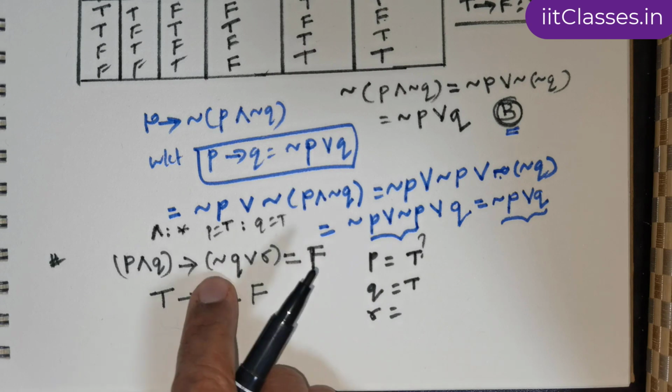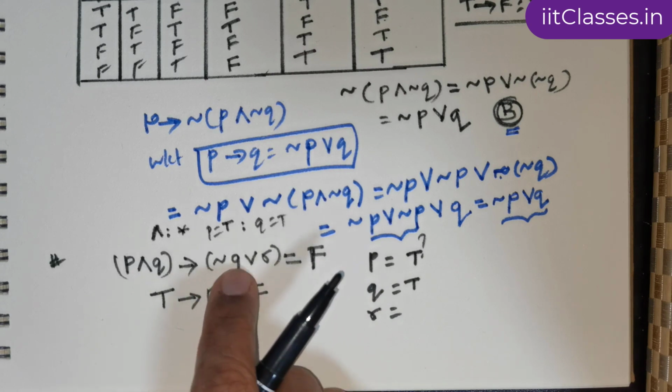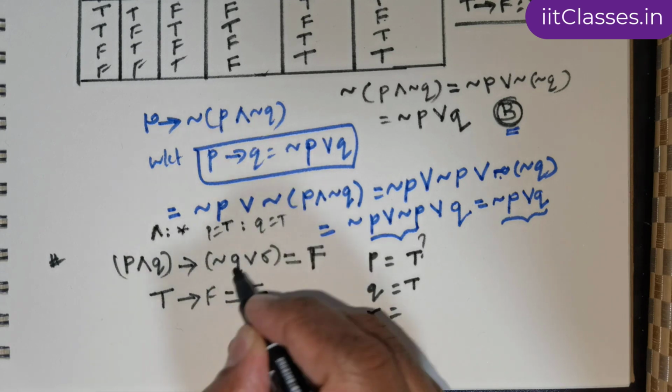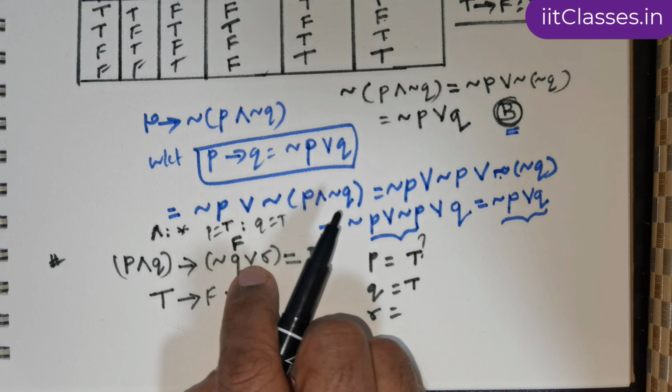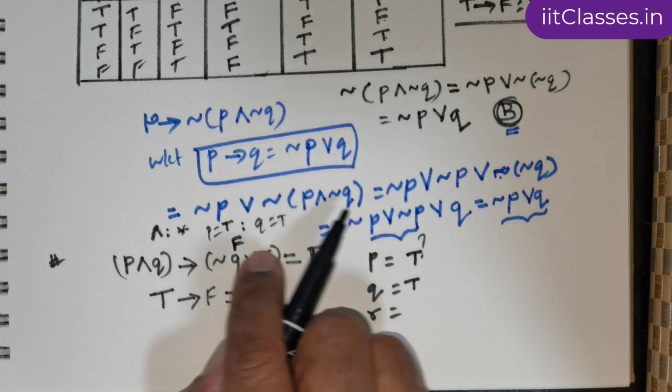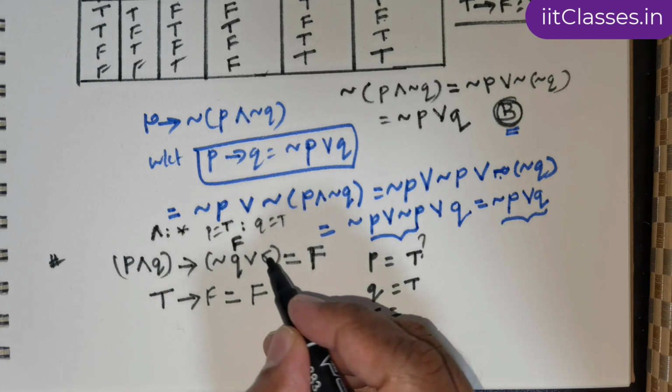Now for R, if you take the negation of Q, in this case negation of T is going to be F. Now this is nothing but the OR operator, and it is imperative that this produces the outcome F. So when would that be possible?